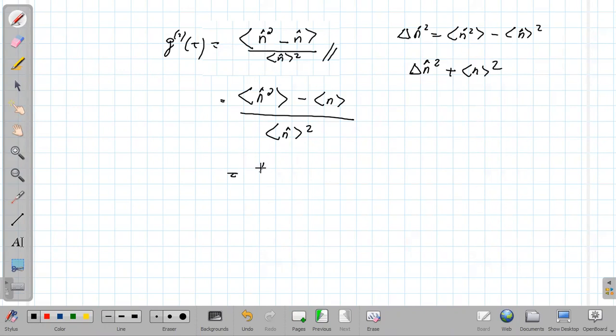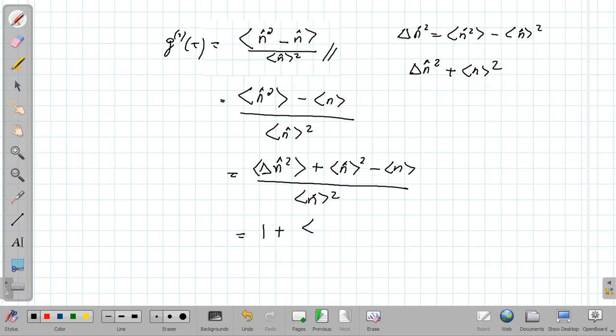So this would be delta n square plus average n square minus average n, divided by the average n square, and this would be equal to 1 plus the average of delta n square minus average n, divided by average n square. Good. So this is your G2 of tau.